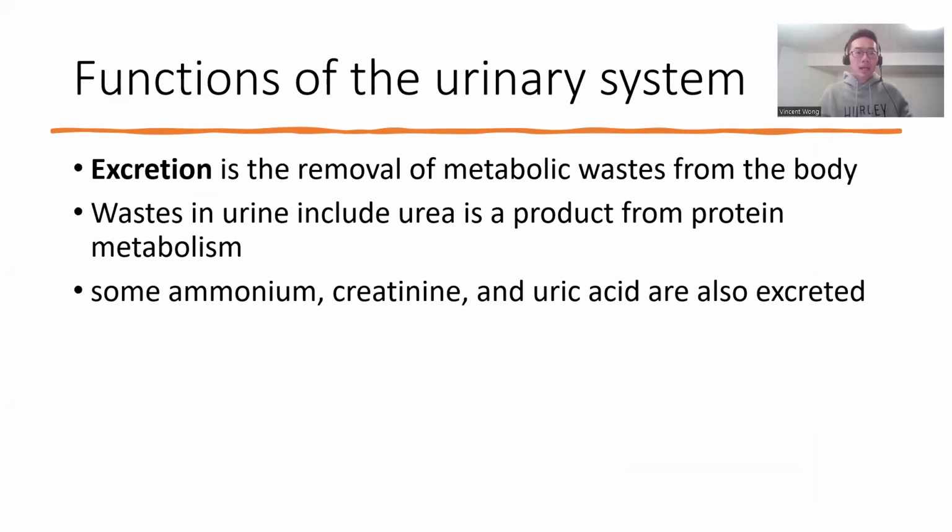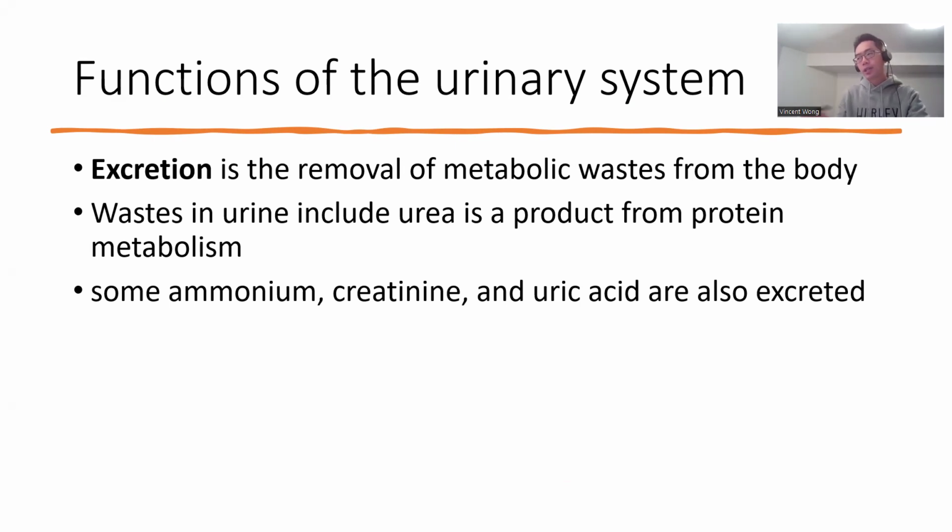No problem. Okay, so excretion is the removal of metabolic waste from the body. And the waste is often going to exist in the blood, right? And so what the urinary system does is that it will take those waste products and put them into the urine.